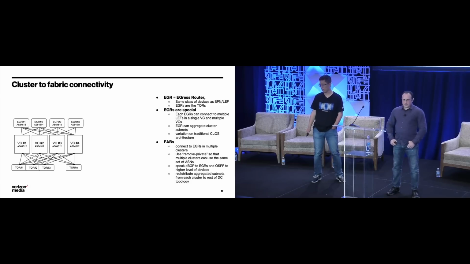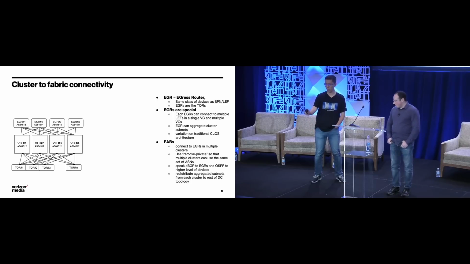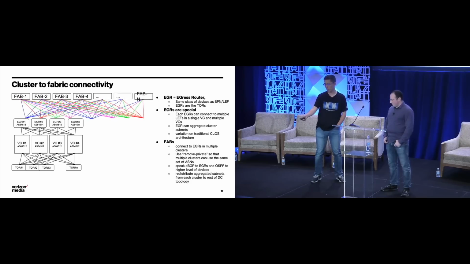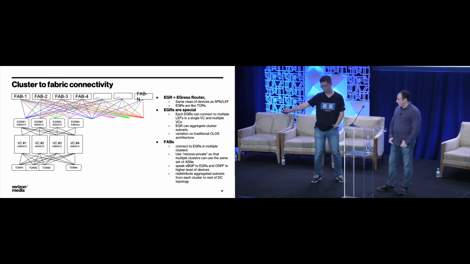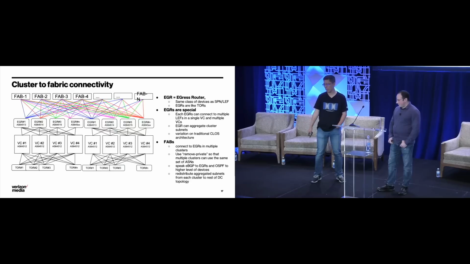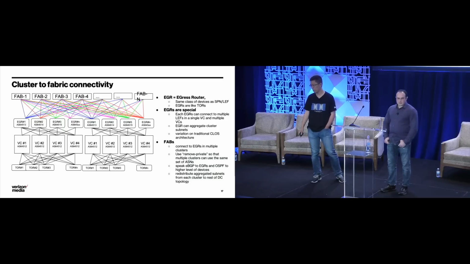That's very important. Because not only are we looking at just one cluster here, we are also looking at multiple clusters. So being able to hide the details of each cluster is very important to the entire data center. So here we introduced a fab layer, as you see from before, to interconnect these EGRs with other EGRs in the other clusters. Here we just depicted two of them, but we can connect multiple ones.